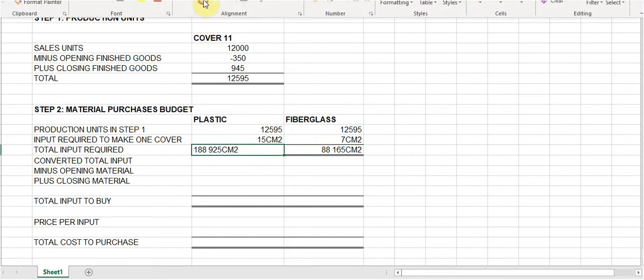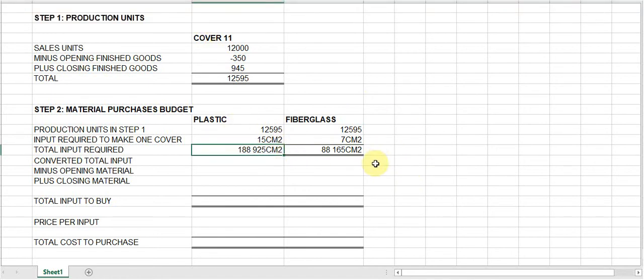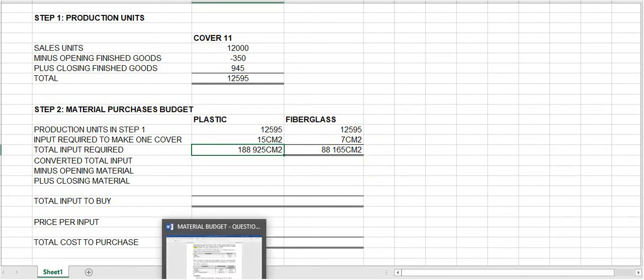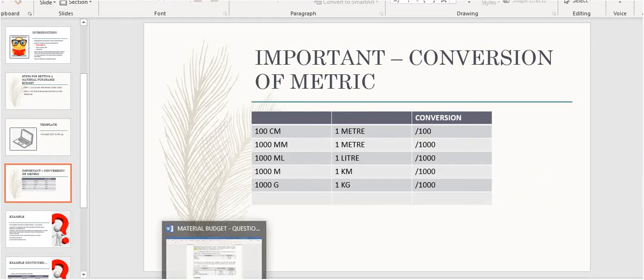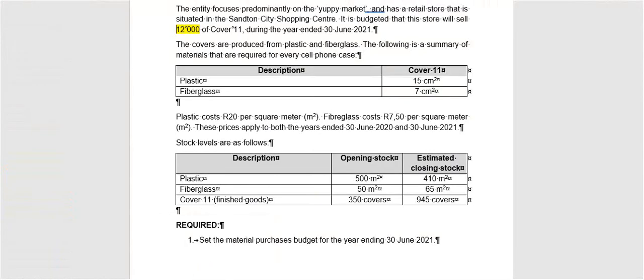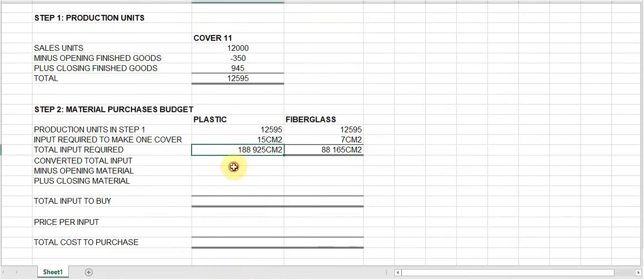So we are going from centimeters to square meters. Going from centimeters to meters, we need to divide by 100. In this instance, I am converting, so that's 188,925 divided by 100.